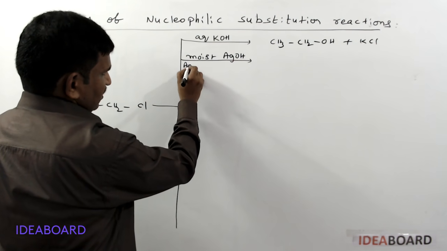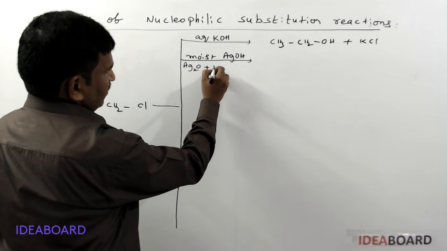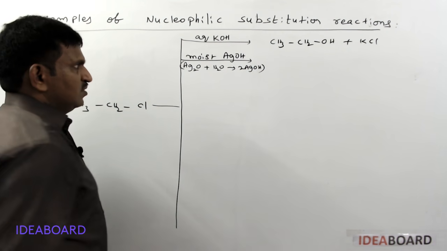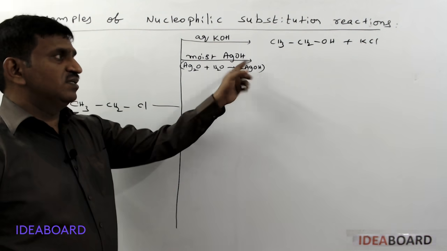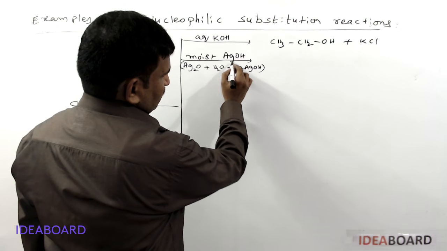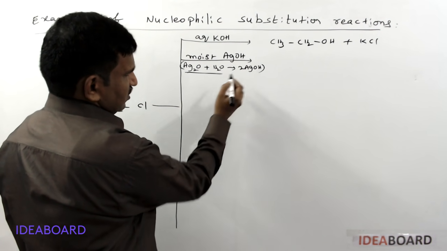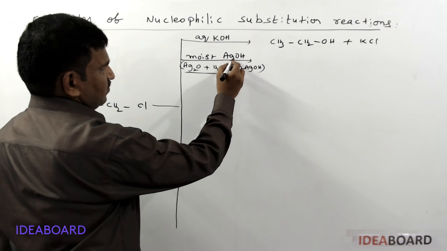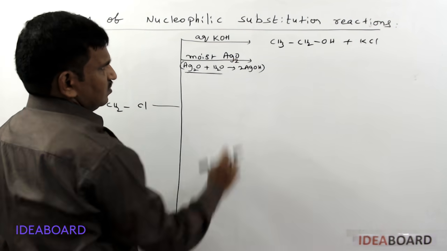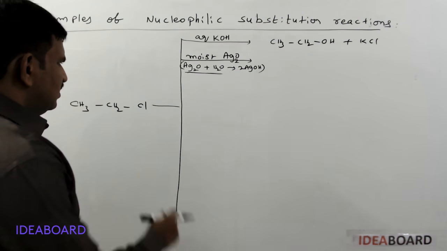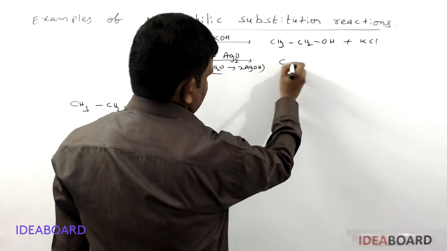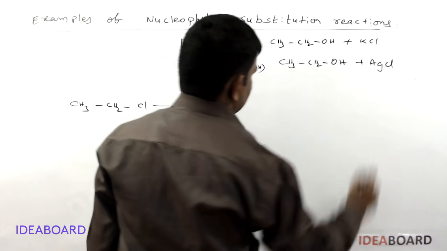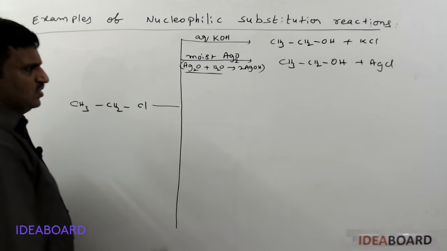Ag2O plus H2O gives 2AgOH. So moist silver oxide directly gives AgOH. Then the Cl is replaced by OH, and you will get CH3CH2OH plus AgCl. This is also a nucleophilic substitution reaction.